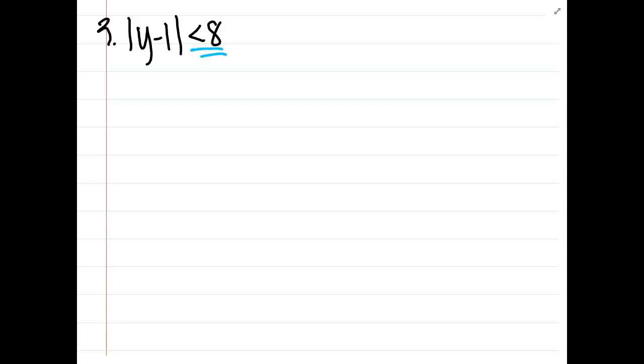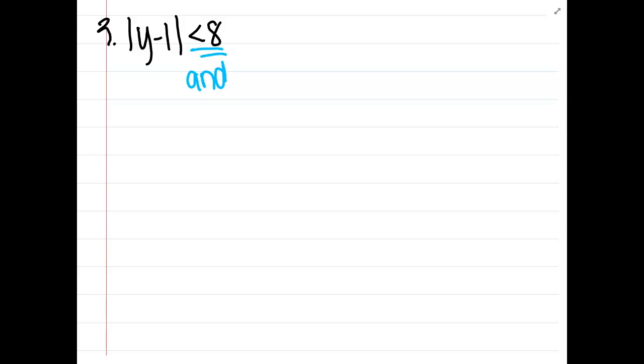You couldn't take 9 steps or 10 steps. You couldn't go outside the 8s. You'd have to be inside the 8s, so you would be shaded in the middle, which means this one is an and. And I guess I could tell you, if it's a less than, it's always going to be an and. If it's greater than, more than, it's always going to be an or.